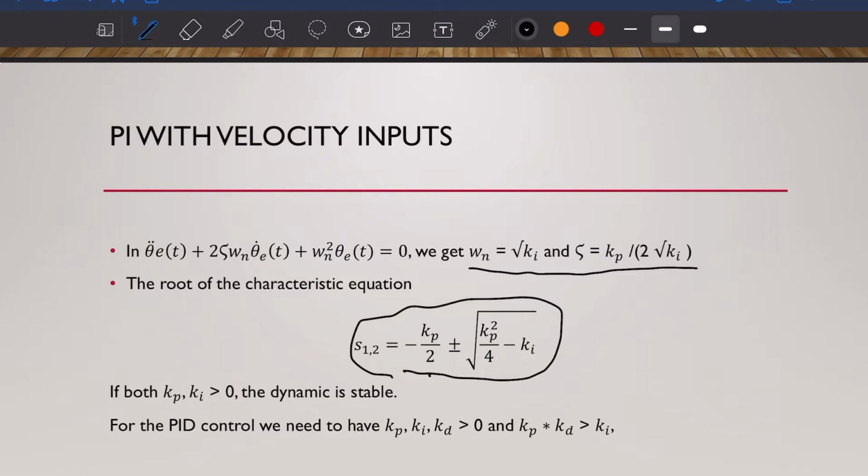If we want the system to be stable, we want to keep both Kp and Ki bigger than 0. For a PID control, we're going to have a third-order system, and we want all three coefficients larger than 0, and we want Kp times Kd to be larger than Ki.